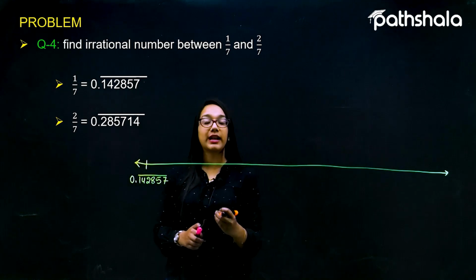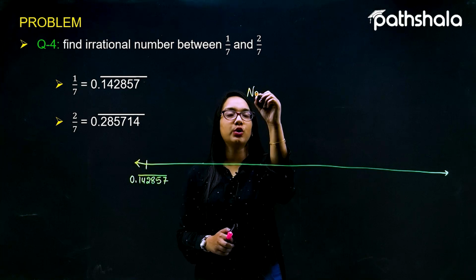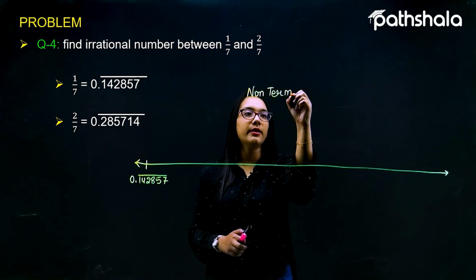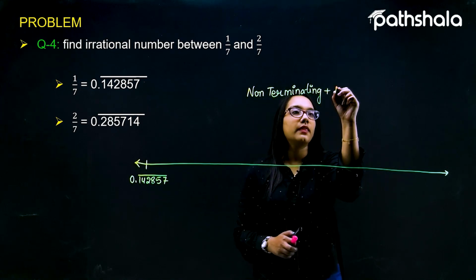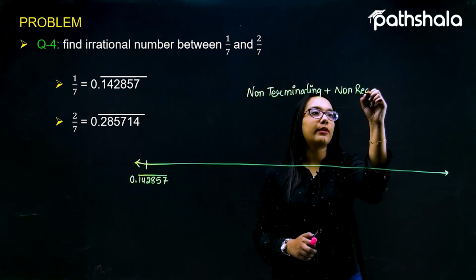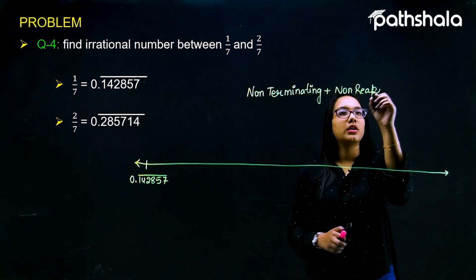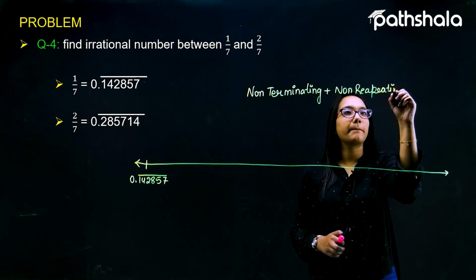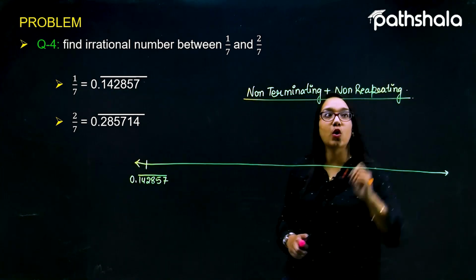First of all, irrational numbers are those numbers which are non-terminating and non-repeating. So we want to find those numbers which are non-terminating and non-repeating.